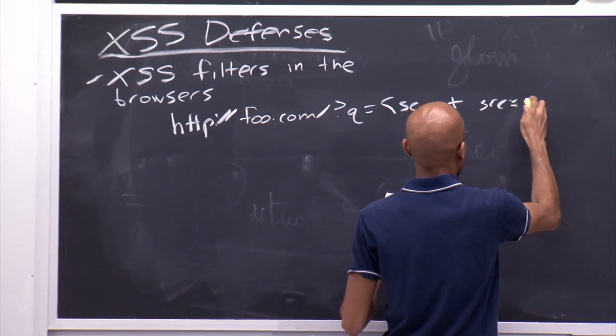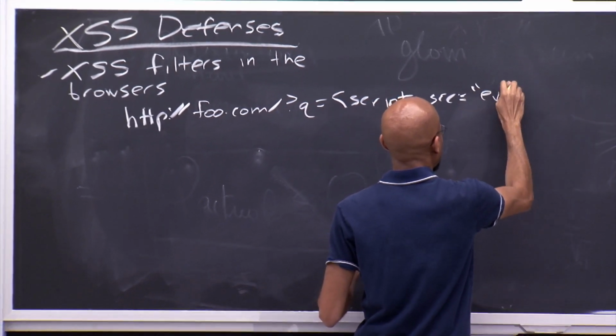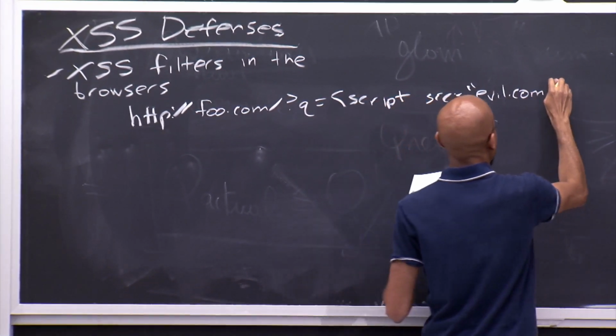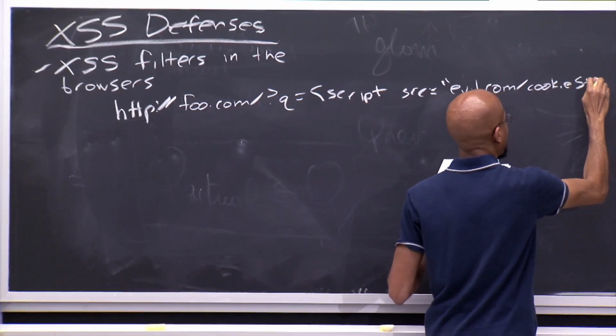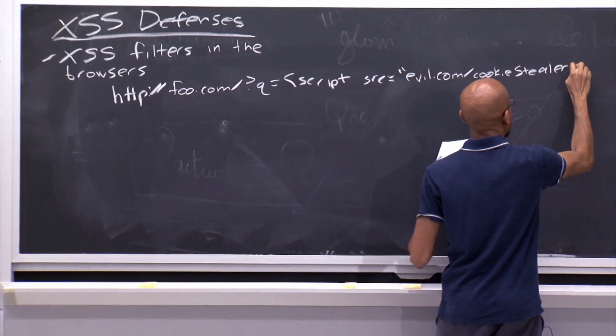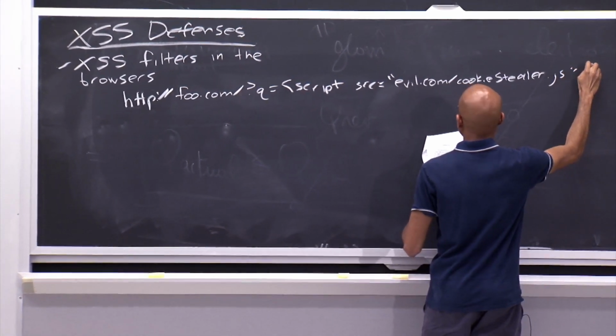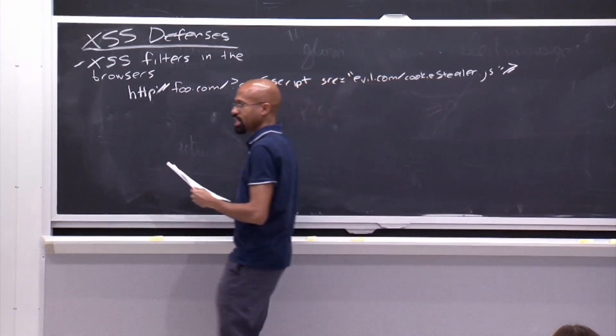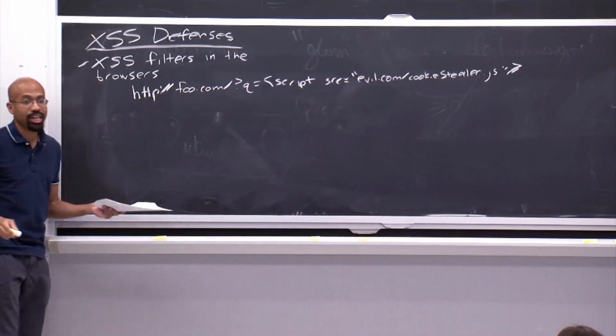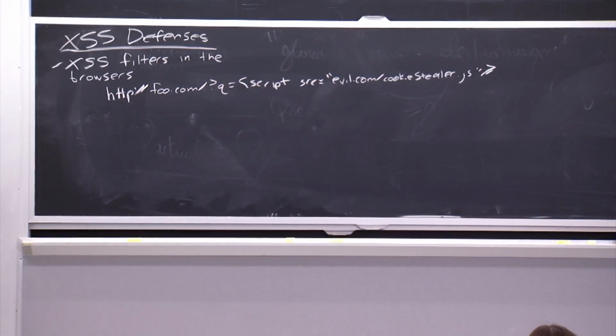So I just set this source to something like evil.com/cookiestealer.js. Right, and so what ended up happening is that when I tried an example similar to this, the browser actually rejected it out of hand. Right, so we saw that it didn't even work.